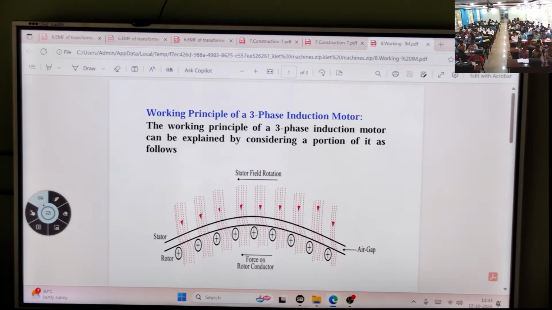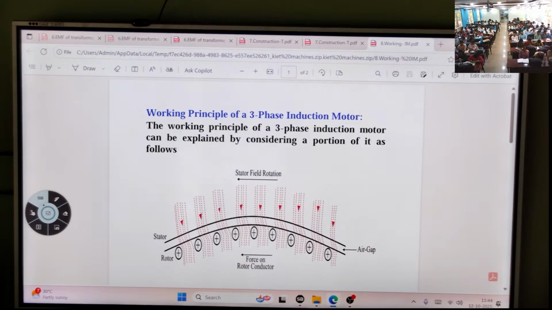Generally the other name of induction motor is rotating transformer. So rotating transformer means actually transformer. What is meant by transformer?